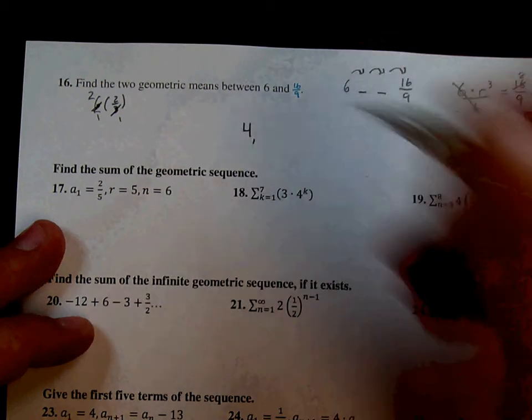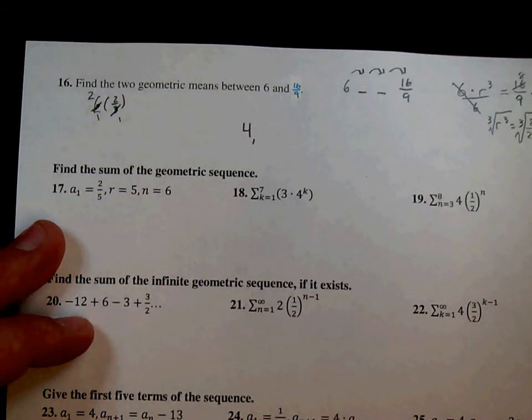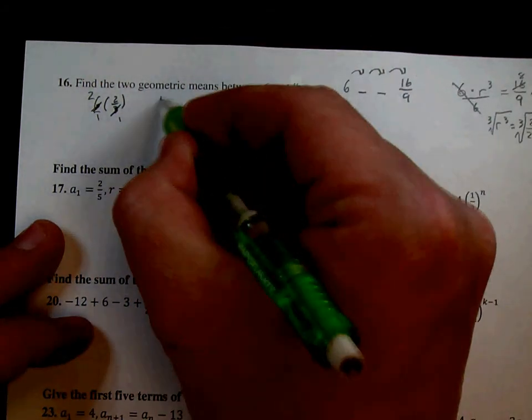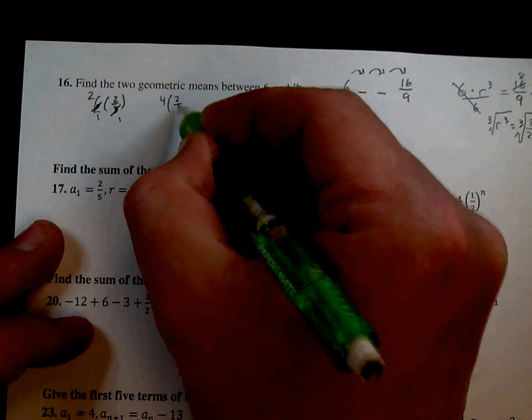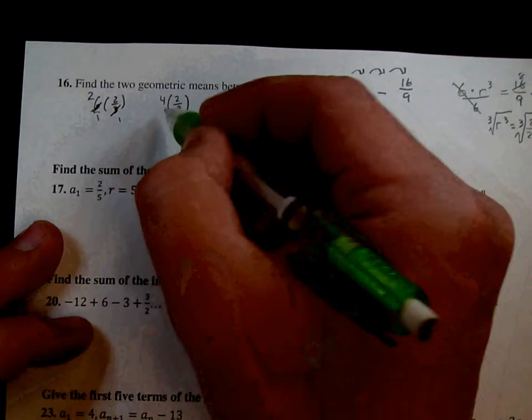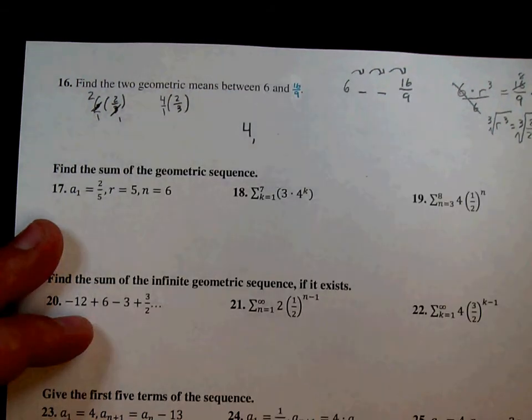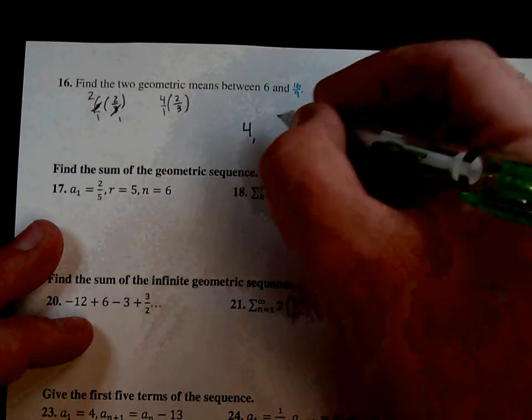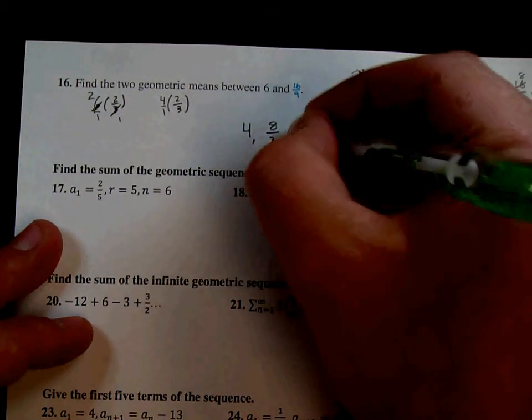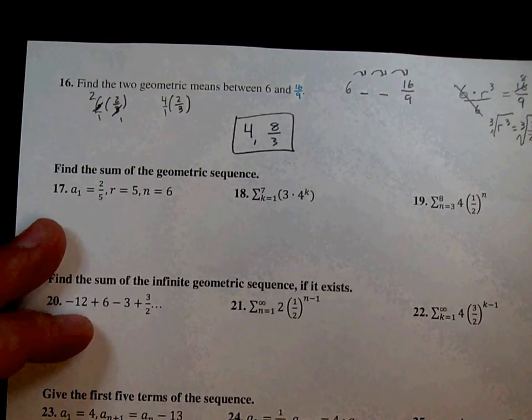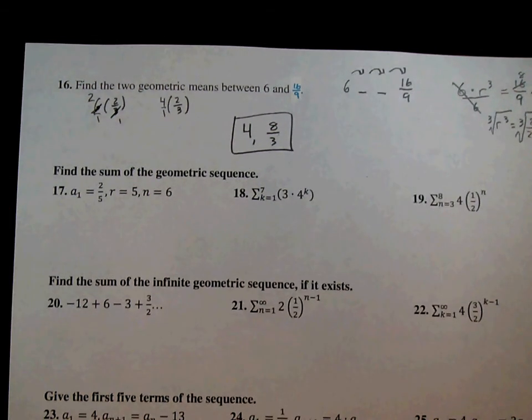So 4 is my next term. Now I have to multiply that by 2/3. So 4 is 4 over 1. Nothing simplifies this time. Multiply straight across. You get 8 over 3. Those were the two geometric means, the two missing terms.